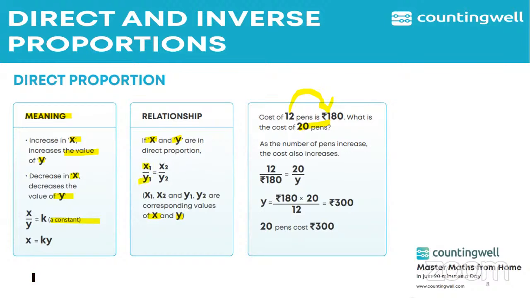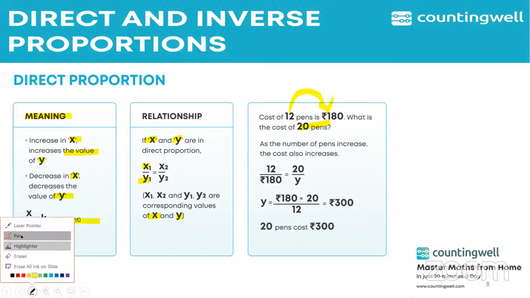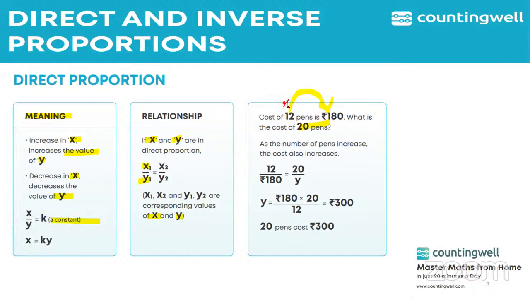So what is x1 here? x1 is 12. What is y1? y1 is rupees 180. What is x2? x2 is 20, and we have to find y2.